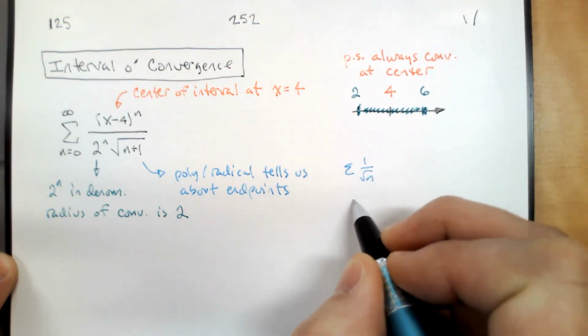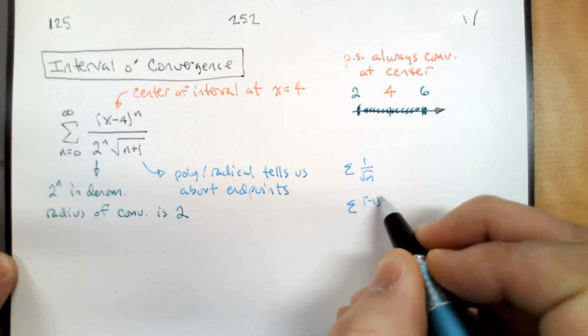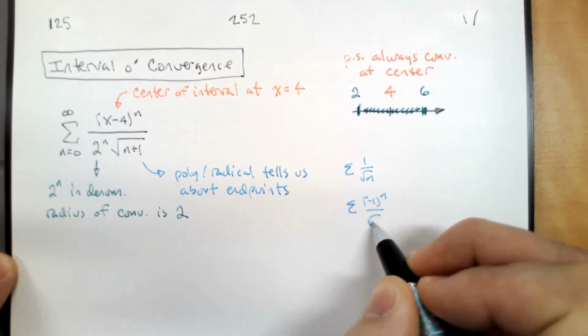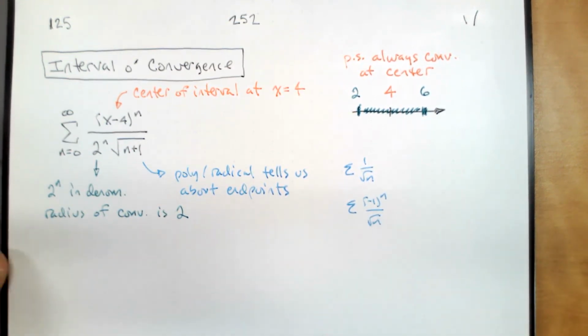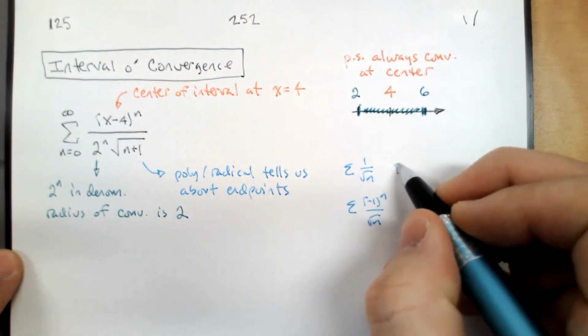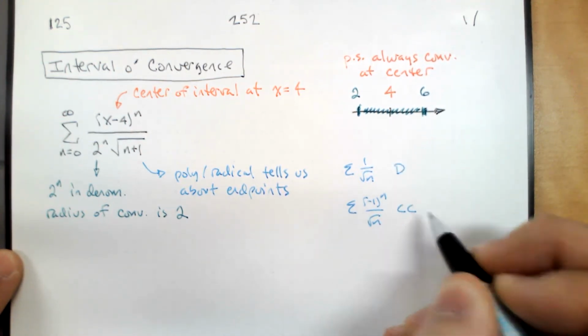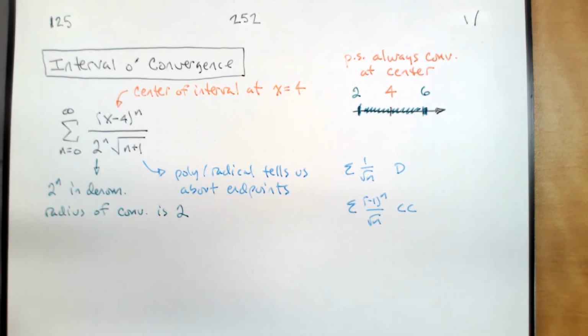And at the other end, we'll get the minus 1 to the n over the square root of n. So we want to be able to identify which one is the 1 to the n and which one is the alternating.